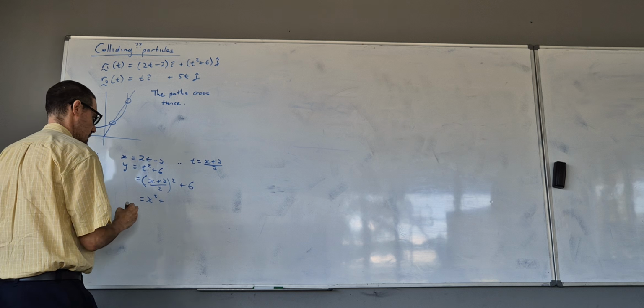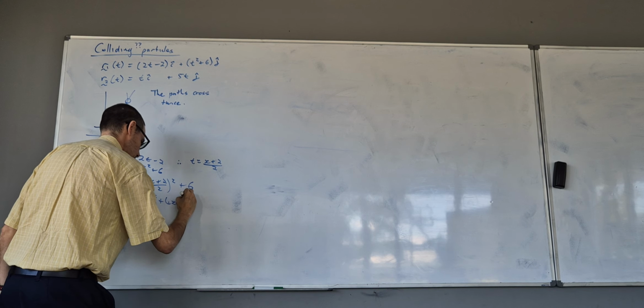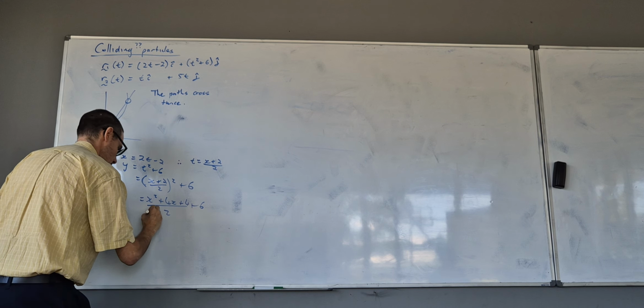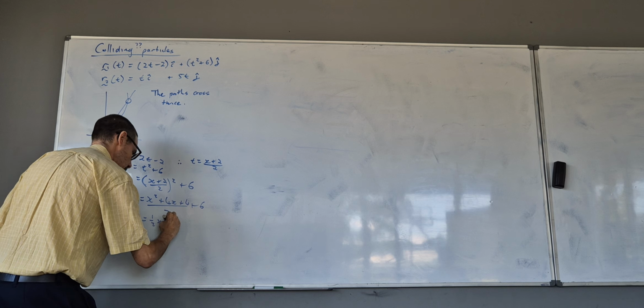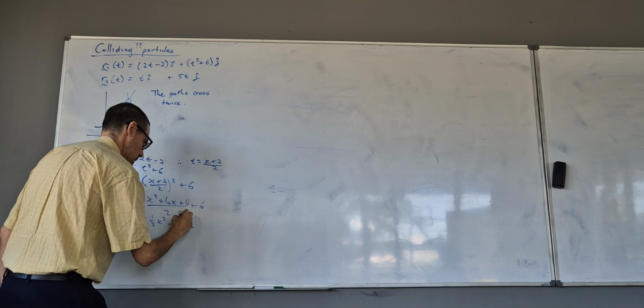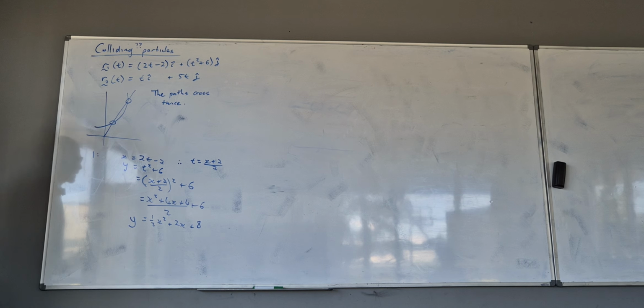So y is (x squared plus 4x plus 4) all over 2 plus 6, which is half x squared plus 2x plus 8. There's one equation. Do it with the other one, plot them, and you can find where they cross.